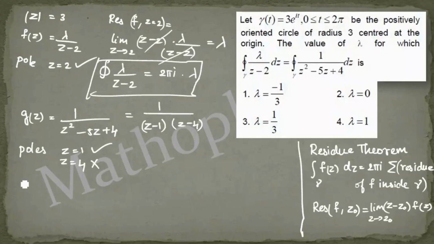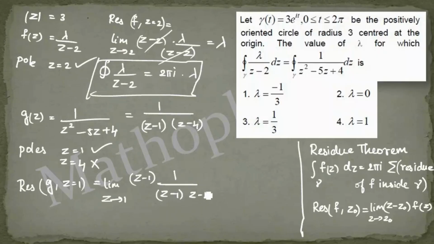So residue of g at z equal to 1 will be equal to limit z tends to 1 of (z minus 1) into 1 by (z minus 1)(z minus 4). So z minus 1 cancel பண்ணி, limit z tends to 1 substitute பண்ணும்போது we'll get minus 1 by 3.